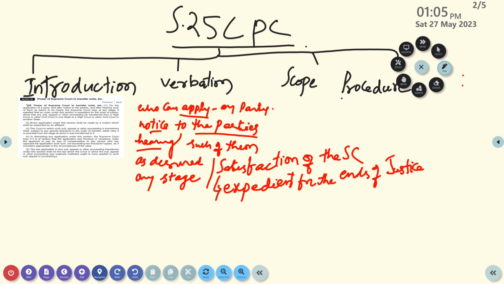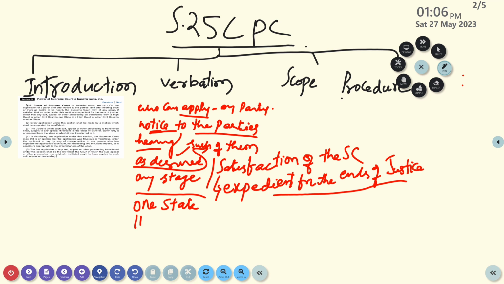If the Supreme Court is satisfied that it is expedient for the ends of justice, at any stage, after hearing as desired, which is preceded by notice to all parties and application by one of the parties, the Supreme Court can transfer. Transfer from which place to which place? That means from a court situated in one state.